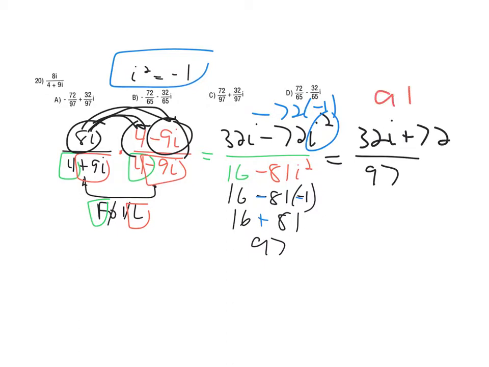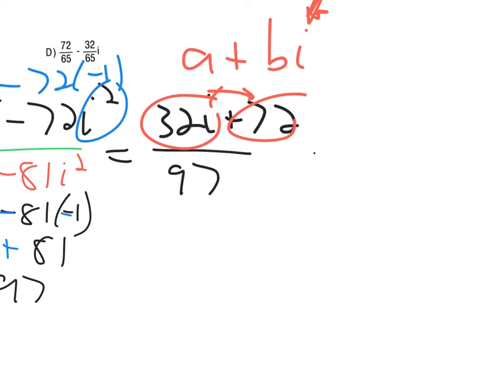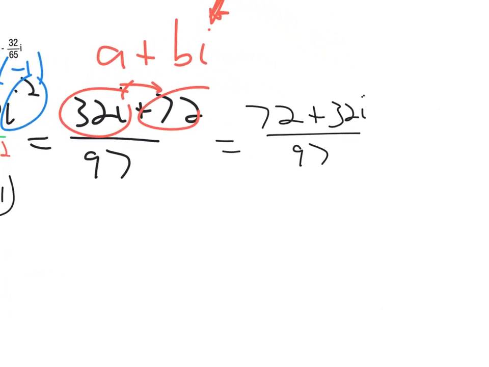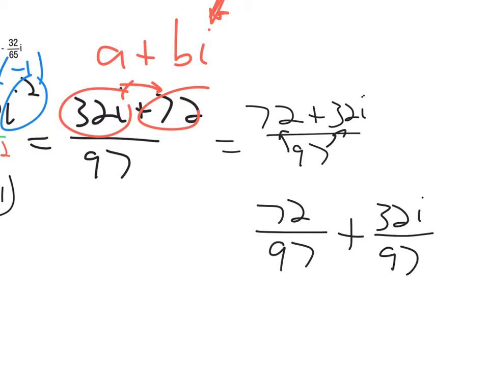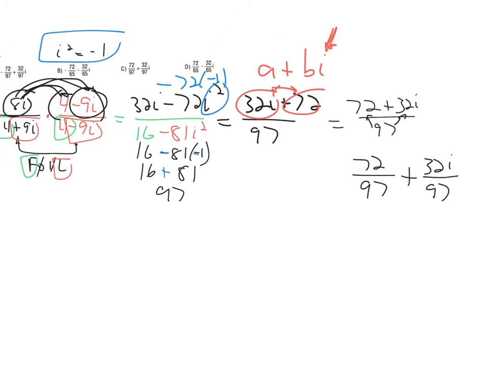Remember though, with imaginary numbers, you always want to write it in a plus bi form. You want to have your imaginary term second. So my numerator, I'm just going to switch places. Here my numerator, I'm going to write that as 72 plus 32i. Here my denominator is 97. And what I'll do is I'll take my 97 now and set it up over both parts of the numerator. So 72 over 97 plus 32i over 97, or answer choice C.